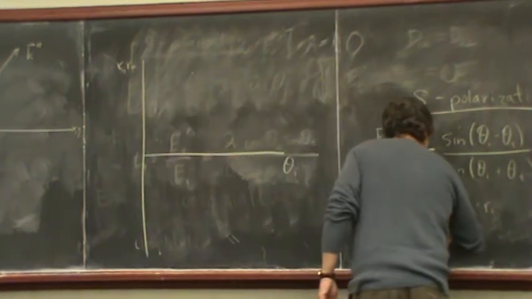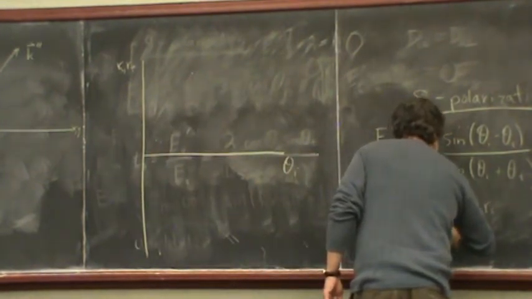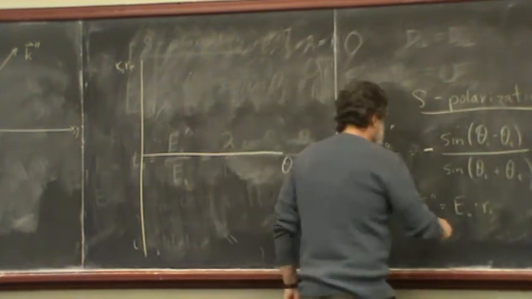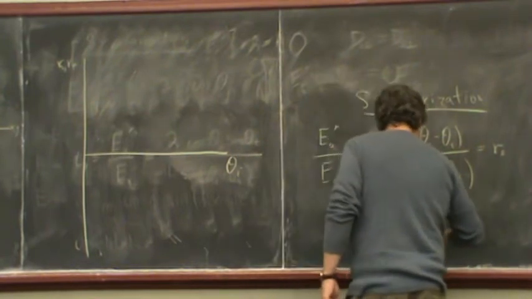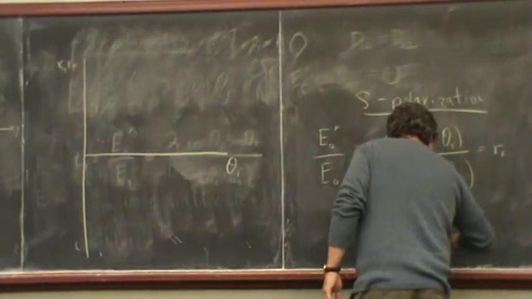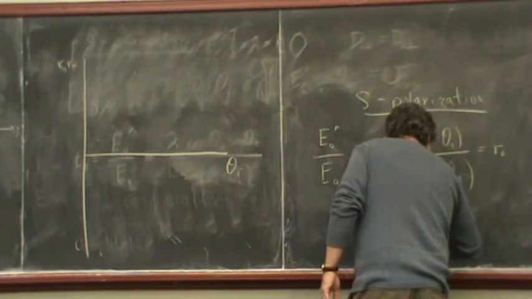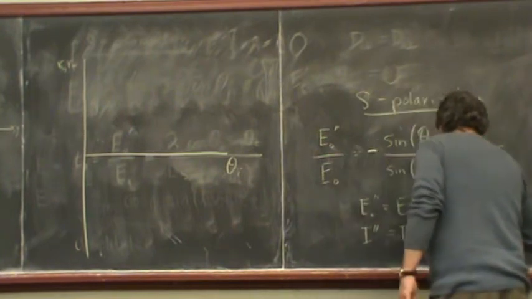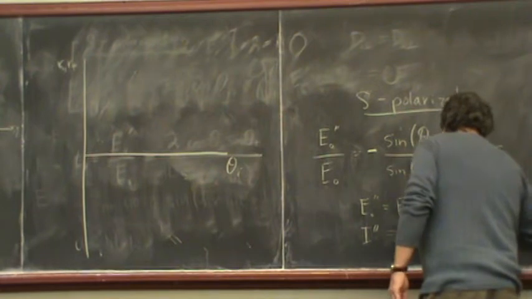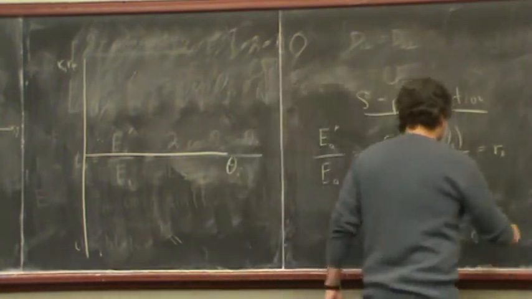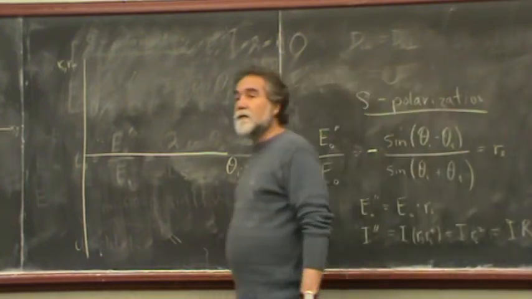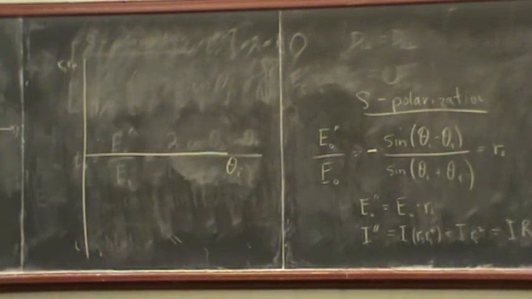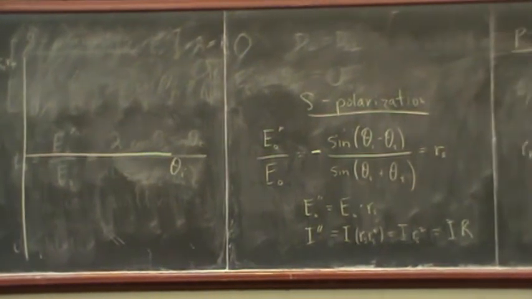What I wanted to get here is that the intensity that's reflected is equal to the intensity that's incident times, which most of the time is just RS squared. And we frequently write that as intensity times the reflection coefficient of the surface. So there are the Fresnel coefficients, and then there's the reflection coefficient of the surface.